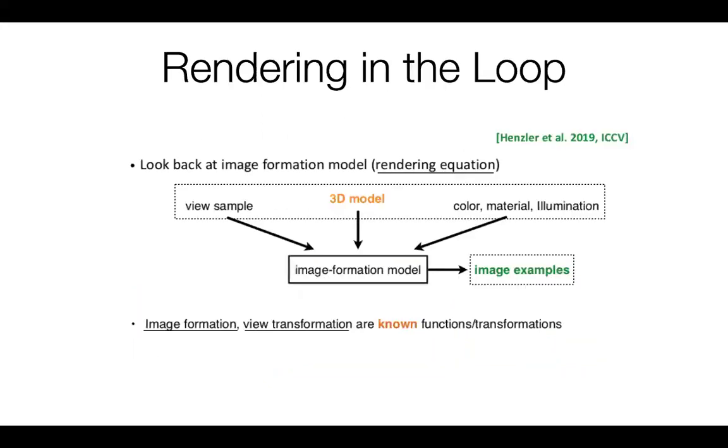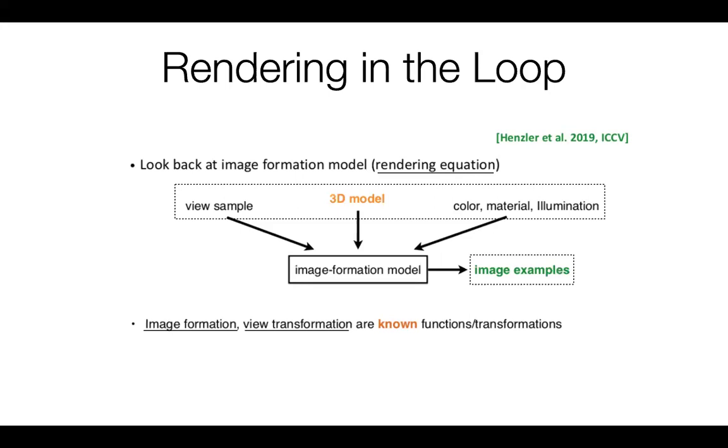And basically what does it mean to have rendering in the loop? Well, we have images that are produced from a model. And the model consists of cameras, objects, and the visual properties of those objects. And we use image formation models that basically simulate what a camera does.